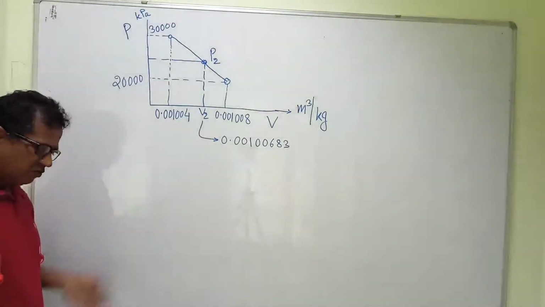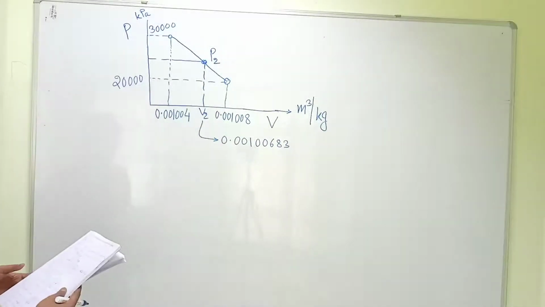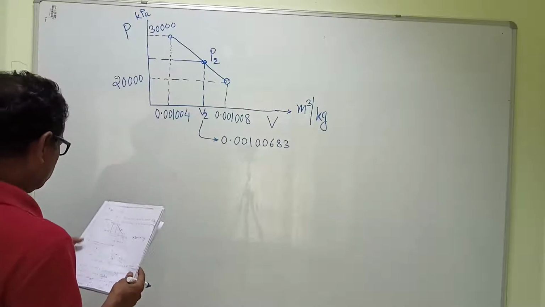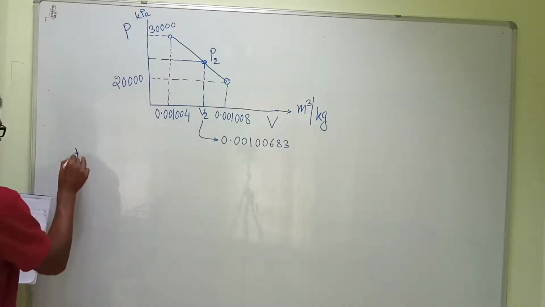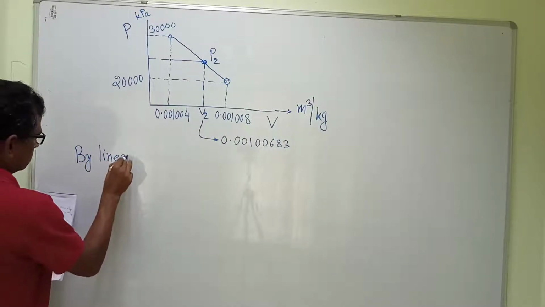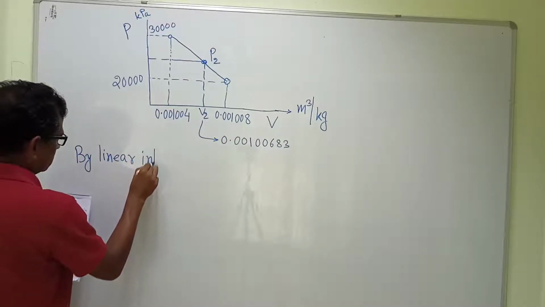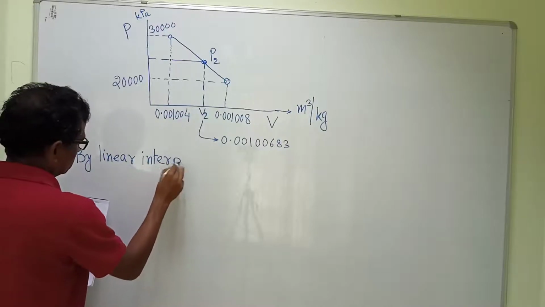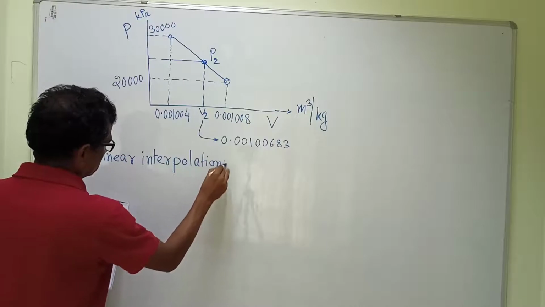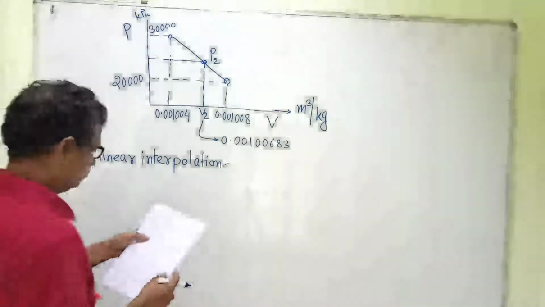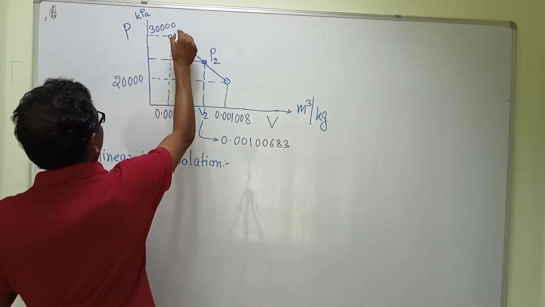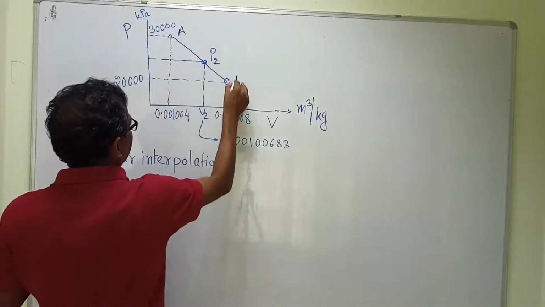That's what we need to do in a steam table. In a small range, we can do linear interpolation. So let me write down this point A and this is point B.